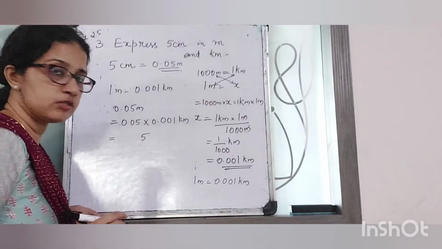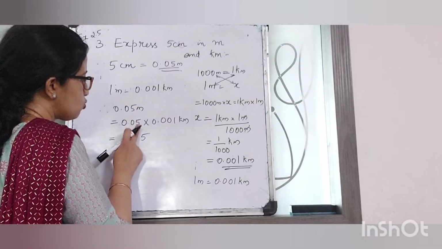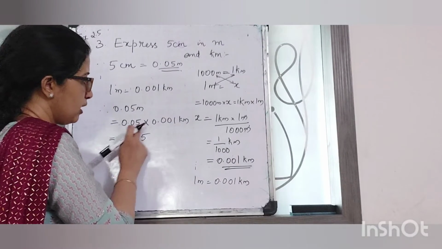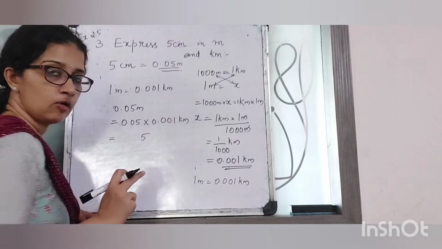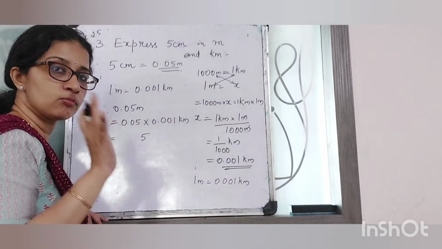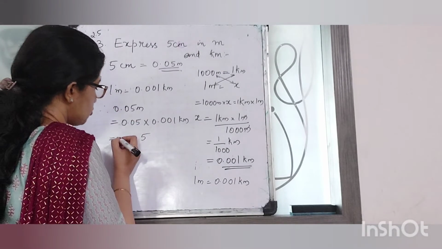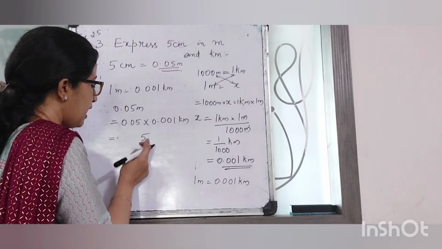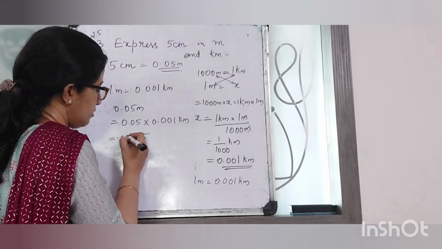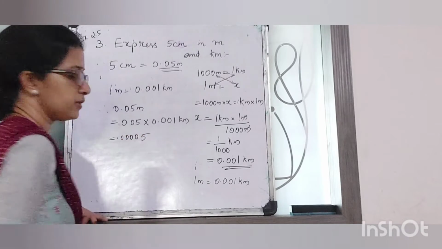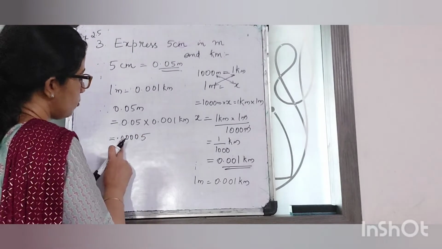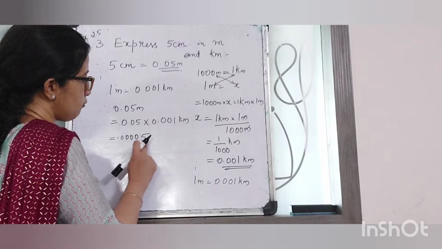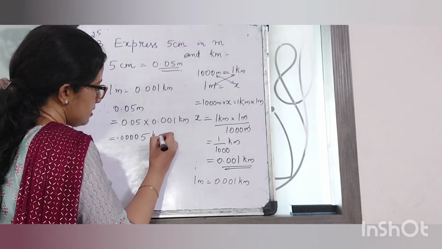Now how many decimal points should we put? 1, 2 in this number, and 1, 2, 3 in the other, so 5 decimal points should be there. Okay. So what should we write? So here 1 digit is there, so we have to add 4 zeros to the left. 1, 2, 3, 4. Correct? So 0.00005 kilometer is the answer.